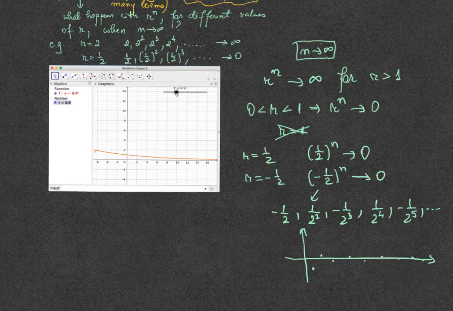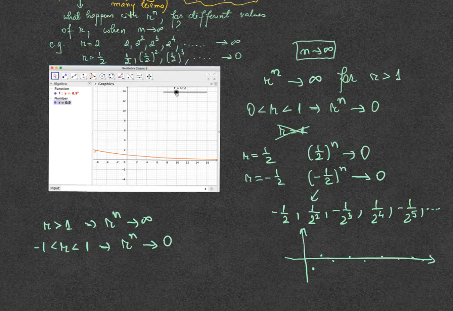And as you can imagine, this happens for all numbers between negative 1 and 0. So we have the following cases for now. If r is bigger than 1, then r to the power of n approaches infinity. If r is between minus 1 and 1, then r to the power of n approaches 0.